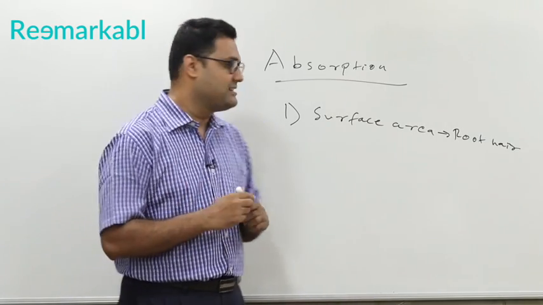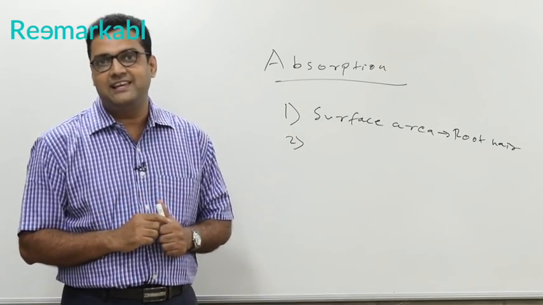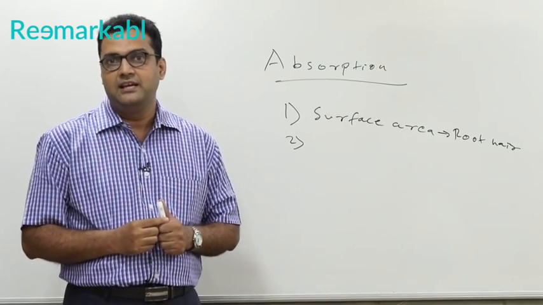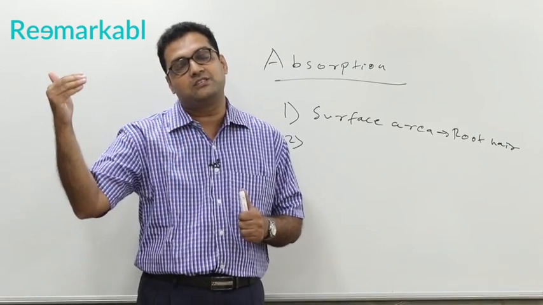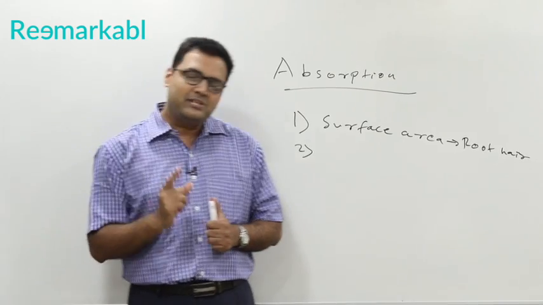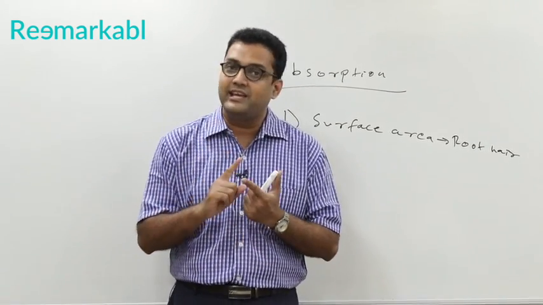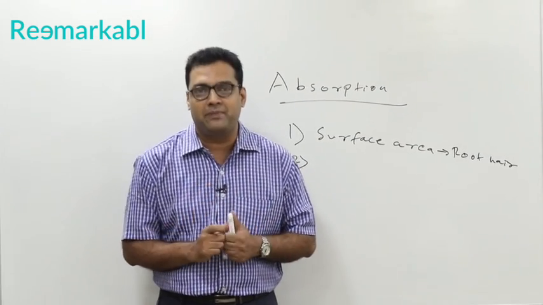The second requirement for absorption of water is the cell wall, the cell structure. The roots need to have a very thin layer through which water can easily enter. Remember, children, in plants, the cell will always have two layers. The outermost is the cell wall, and inner to it is the cell membrane.